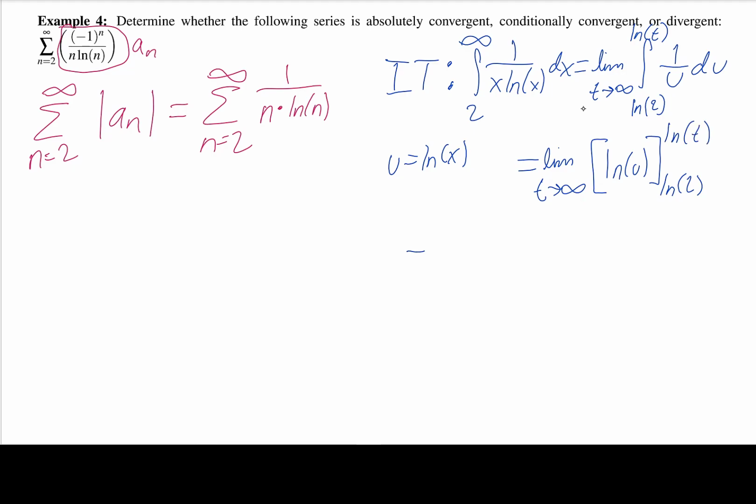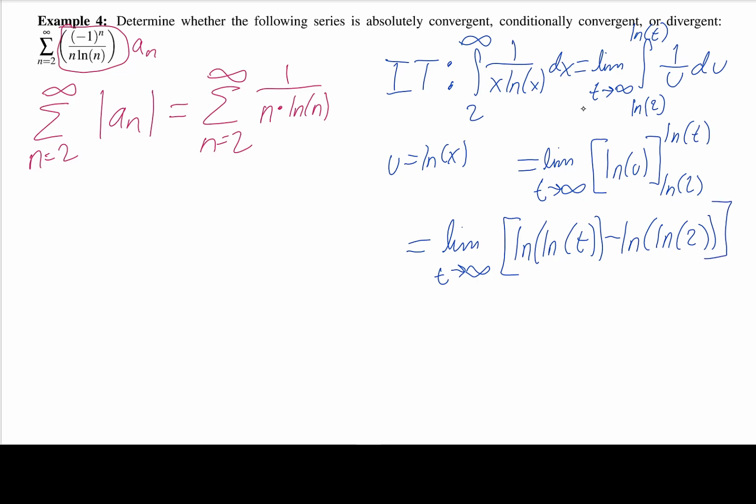All right, so then this gives me the limit as t goes to infinity of, let's see, the natural log of the natural log of t minus the natural log of 2. Well, this first part right here, since t is going to infinity, is going to go to infinity.